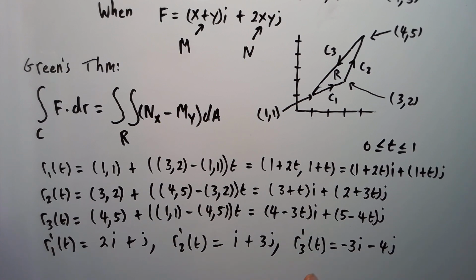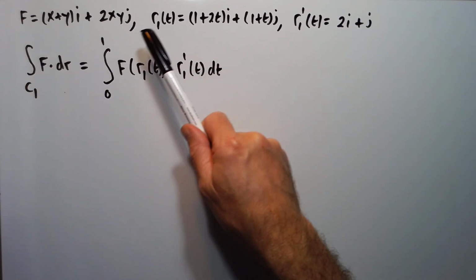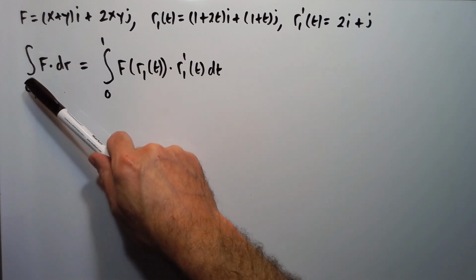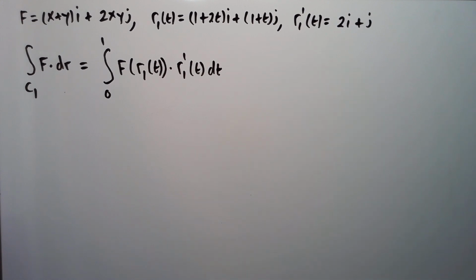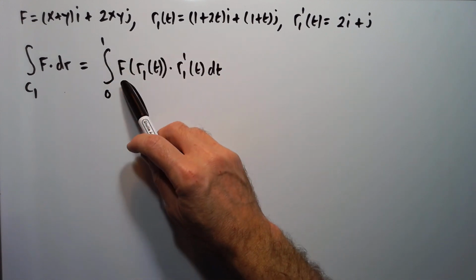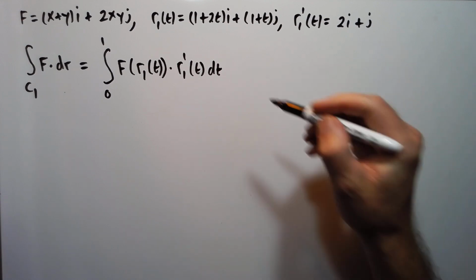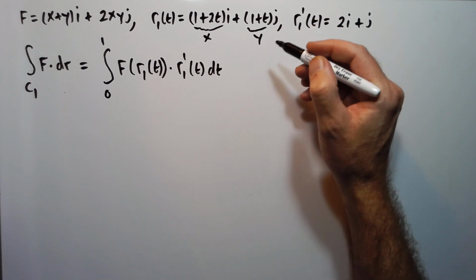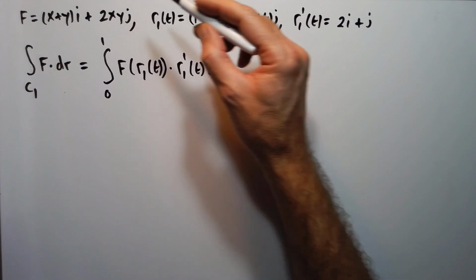Let me erase some things here. So let's do the integral over C1. Here's my R1, and here's my R1 prime. By definition, the line integral will go from 0 to 1 on our t, so it'll be the integral from 0 to 1 of f of R1 dotted with R1 prime. This is my x here, and up here y, and here's the function, (x plus y)i plus 2xy j.